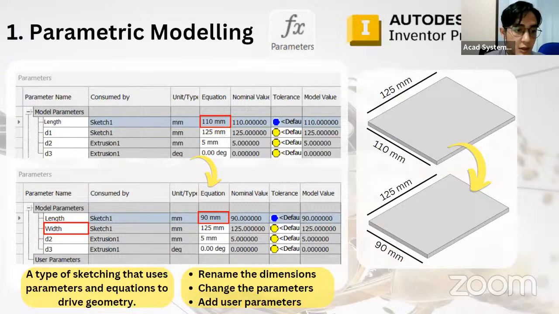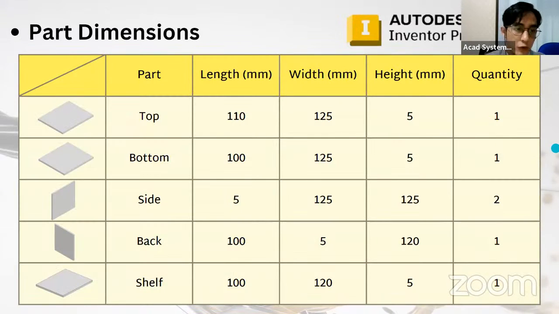In the picture on the bottom left, D1, I changed the name to width, and it has the value of 125. These are the parts we are going to use later in our lesson: top, bottom, side, back, and also shelf.